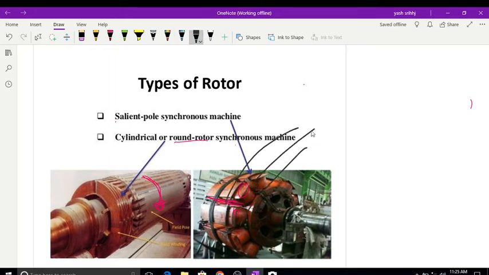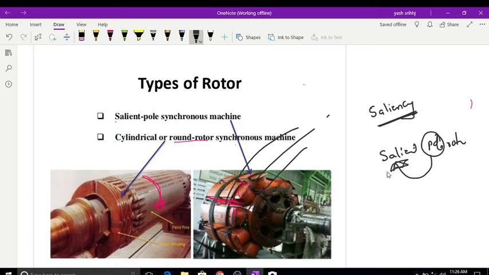That gap is called saliency. That's why this is named the salient pole rotor. Poles are placed with gaps between them. That is nothing but salient.